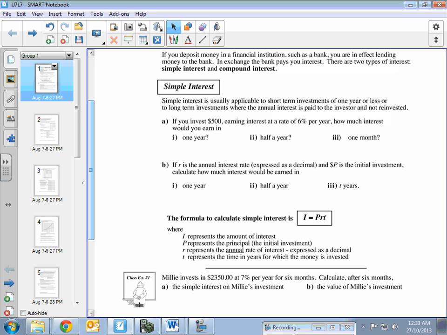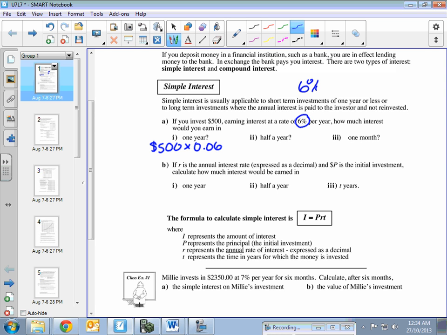So if you invest $500, earning interest at a rate of 6% per year, how much interest would you earn in 1 year? So in 1 year, how much interest would you earn? All you have to do is go $500 times 0.06, because when we're changing percent, so at 6%, you're moving your decimal places twice to change the decimal.